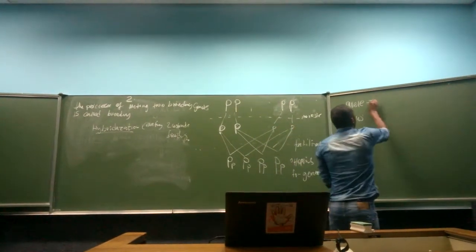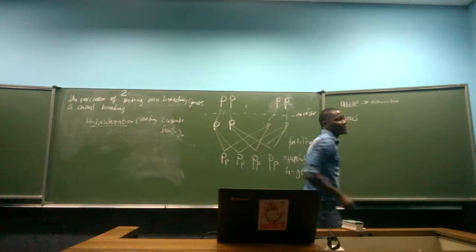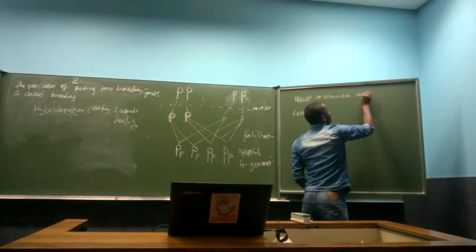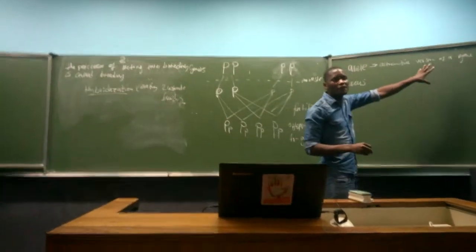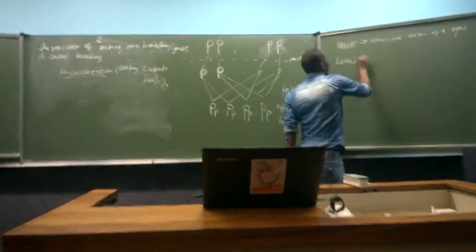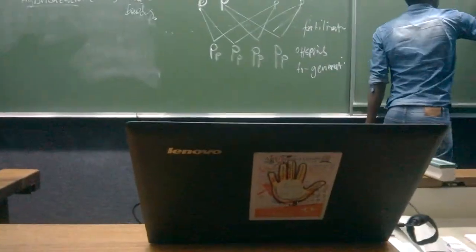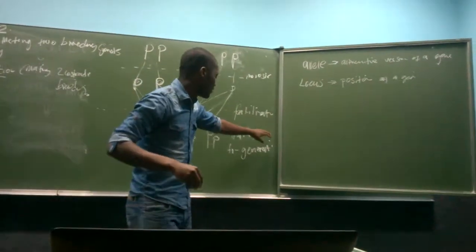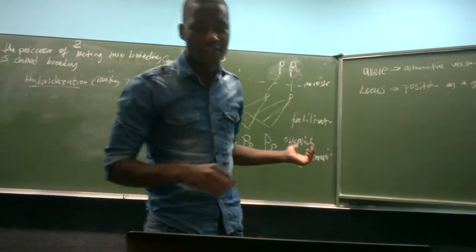When you define an allele, it's an alternative version of a gene. You still remember in grade 11, you learned about genes, and a locus is the position of a gene. These two terms must not confuse you.